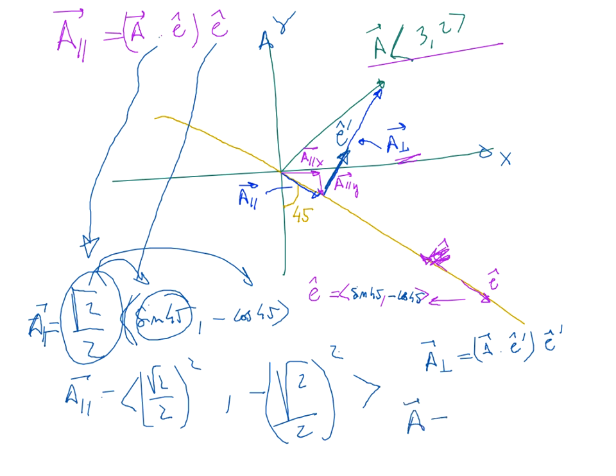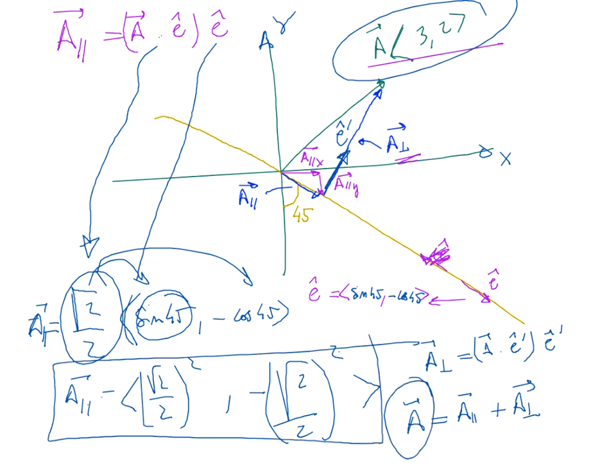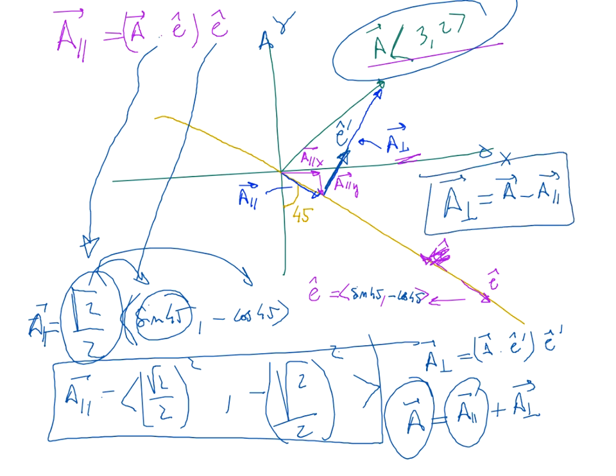We know that A is equal to A parallel plus A perpendicular, right? This is A. This is A. We now just calculated A parallel, therefore we know this. So let's just solve for A perpendicular by taking A minus A parallel. Bang! Easier, faster, one line.